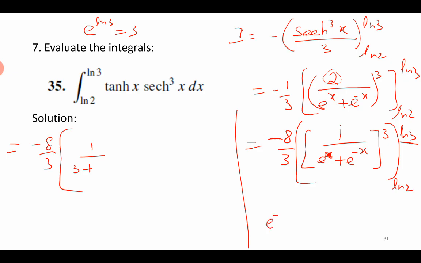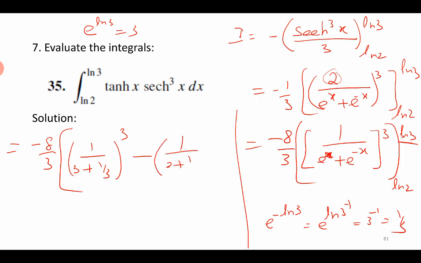E raised to negative ln 3 will be e raised to ln 3 inverse, which is 3 inverse, which is 1 over 3. The second term will become 1 over 3. This is whole cube, upper limit. And similarly, try lower limit ln 2. It will be 1 over 2 plus 1 over 2, whole cube.